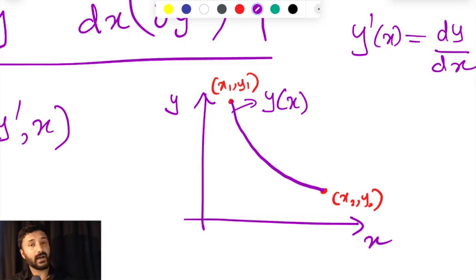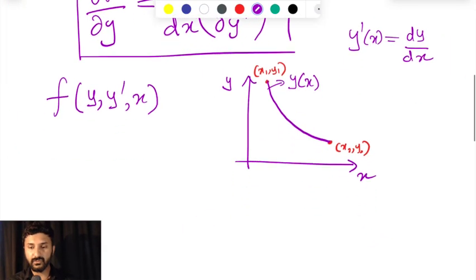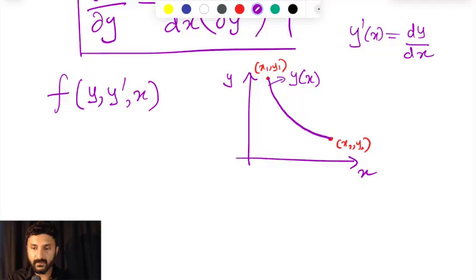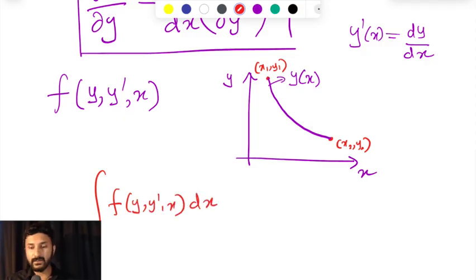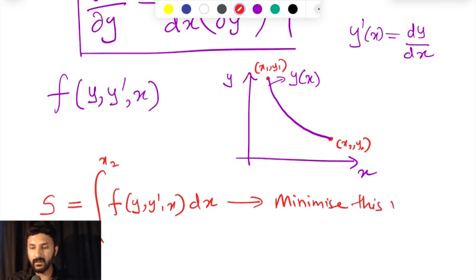So our task then is to consider an integral of this function, taking it from x1 to x2. Let's say we call it s, and our task is to minimize this integral.